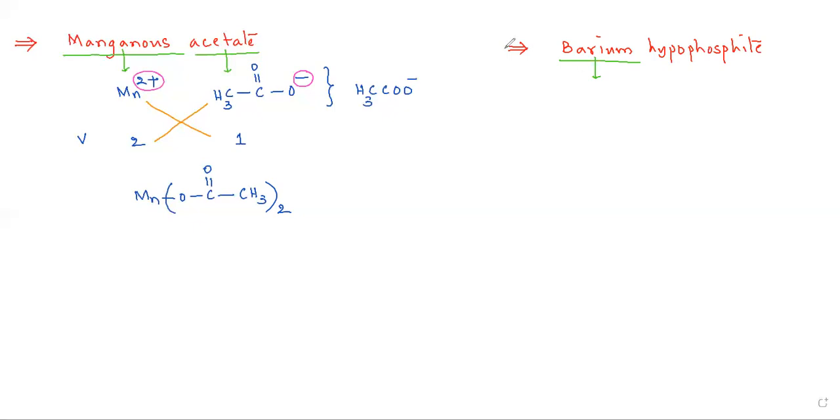Formula of barium ion is Ba2+. Right. Coming to the formula of hypophosphite, it is H2PO2-. This is hypophosphite.